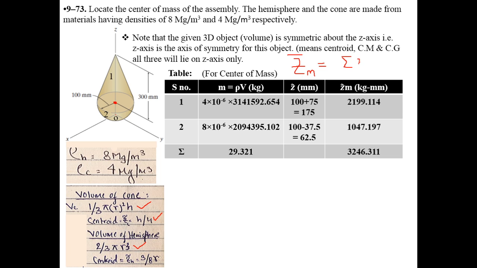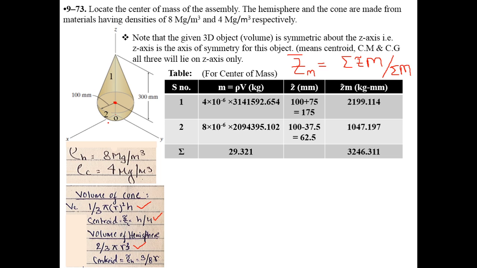So summation of all z tildes into the mass, divided by summation of the mass. We have two simple elements here.